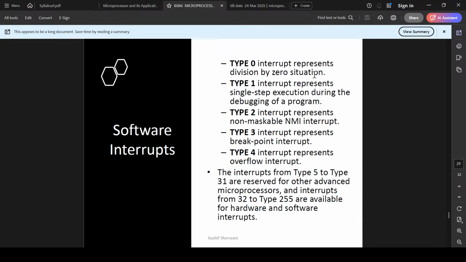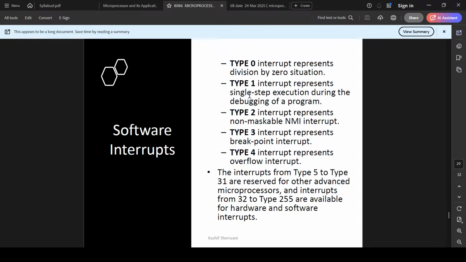Let's study about the types. Type 0 interrupt represents division by 0 situation. Type 1 represents single step execution.